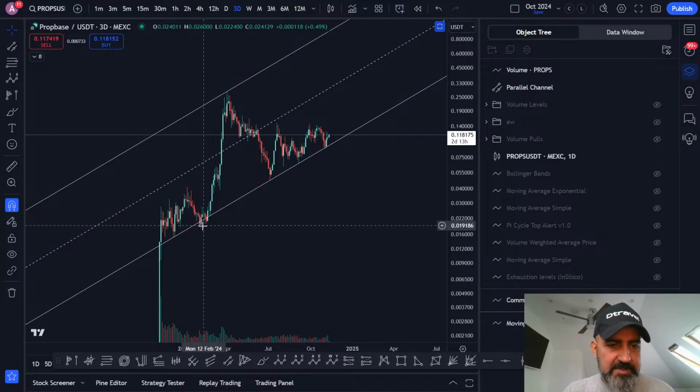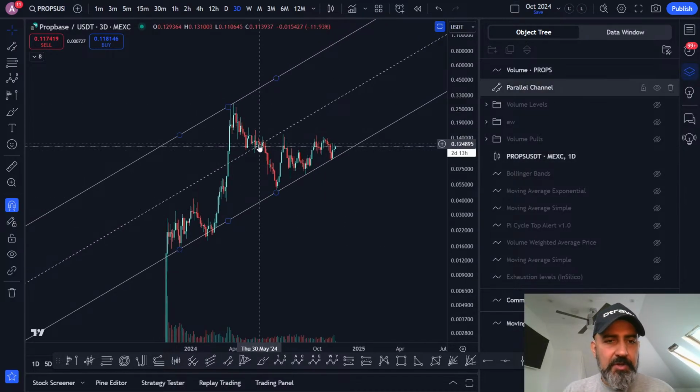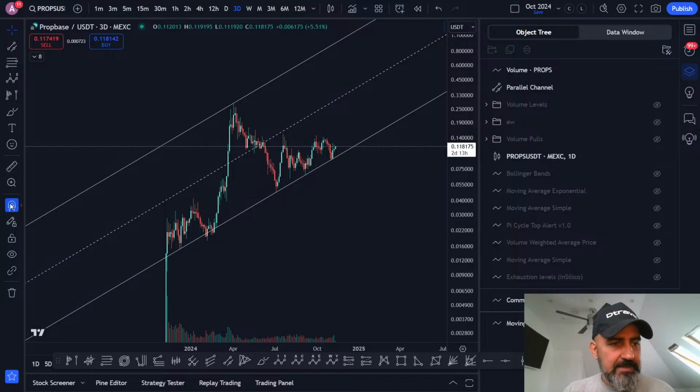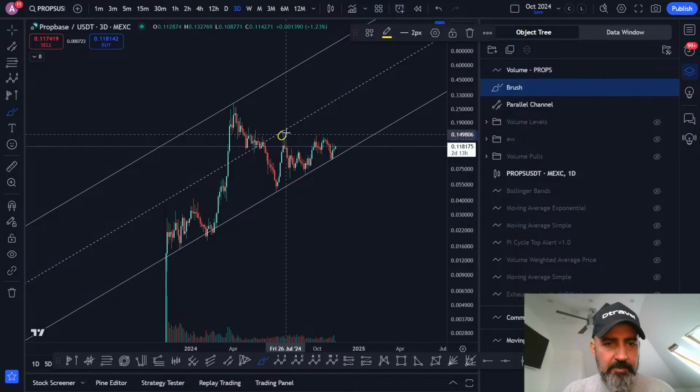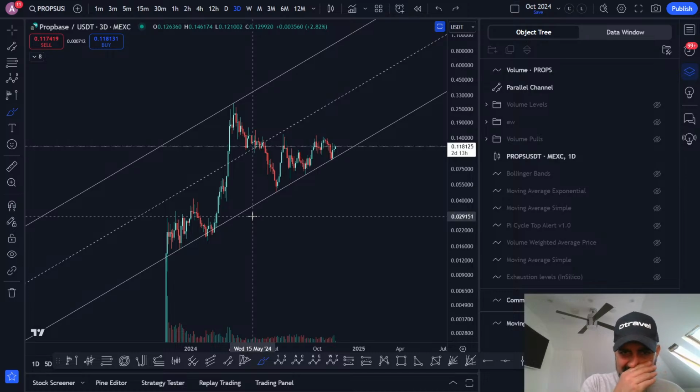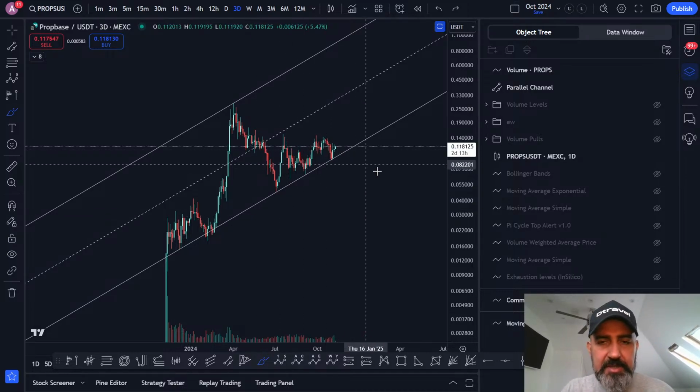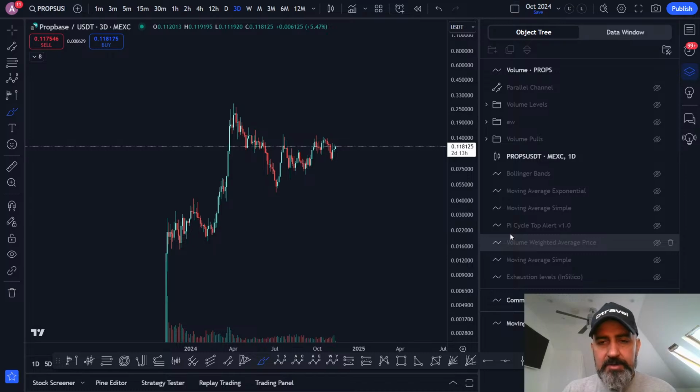It doesn't respect it here, but then it does. Goes up to the top. The midpoint is almost respected here. A little bit of a front run there. Channels aren't always correct, but it's good to have an eye on them. Sometimes they're good. What else are we looking at now?